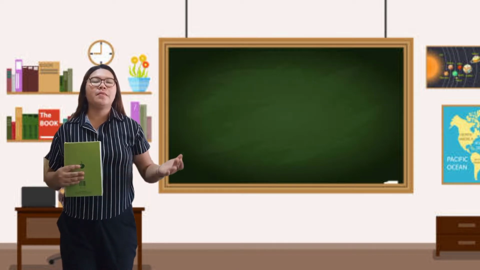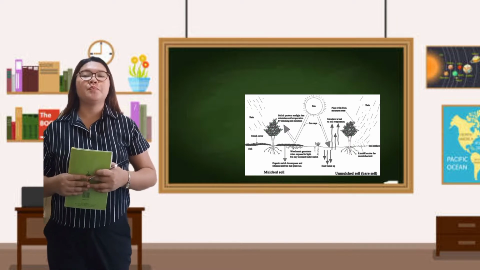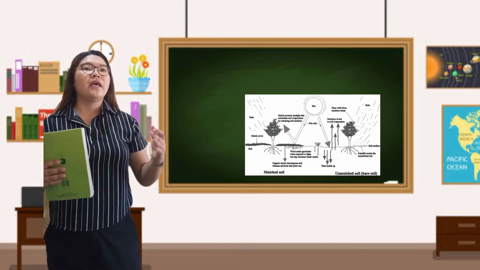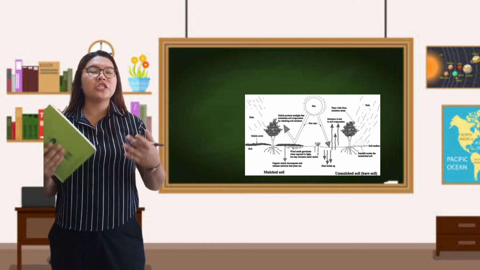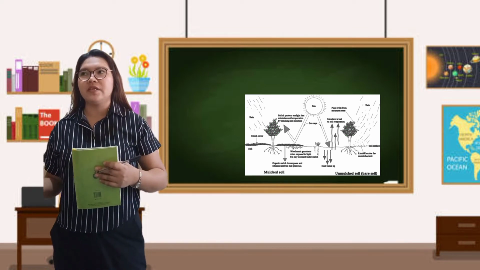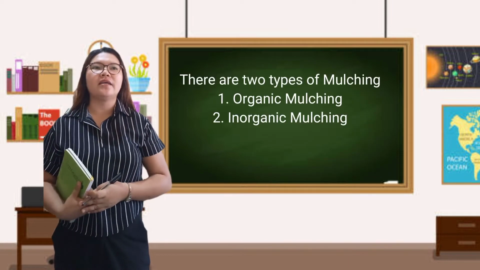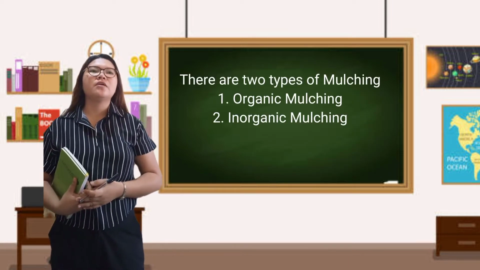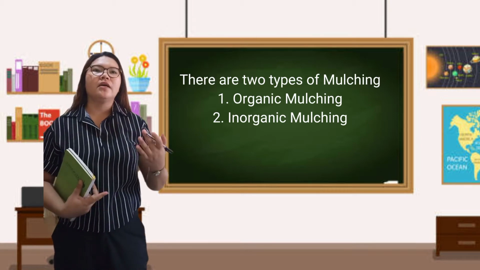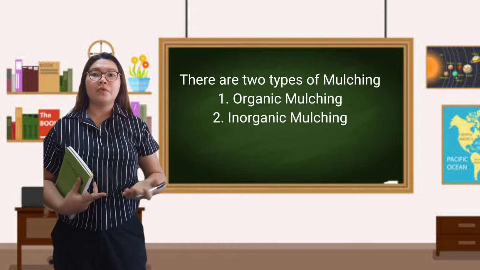The reasons for applying mulch are to conserve soil moisture, improve soil fertility and soil health, reduce weed growth, and enhance the visual appeal of the area. There are two types of mulching, the organic and inorganic mulches. When we say organic, it includes any material of natural origin that composes naturally.